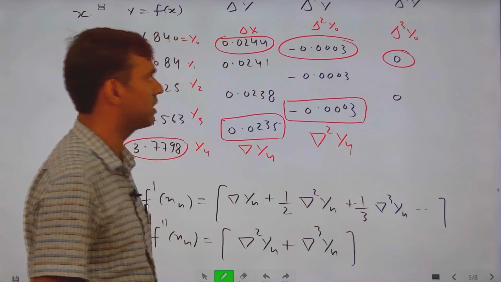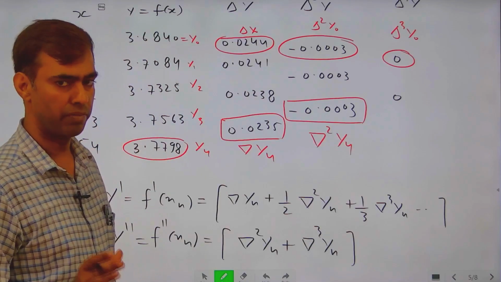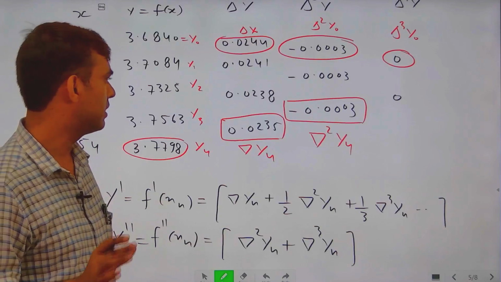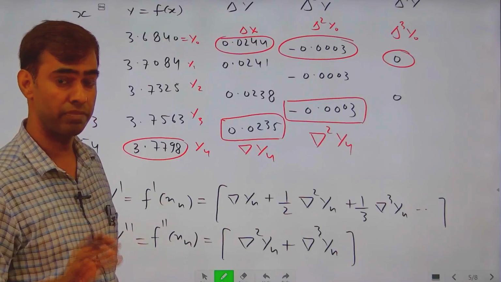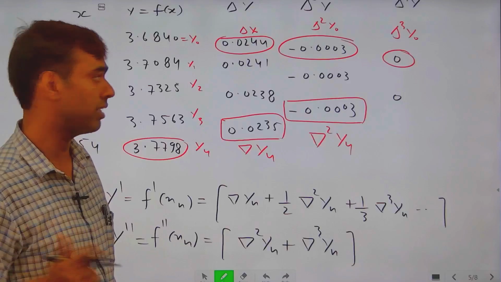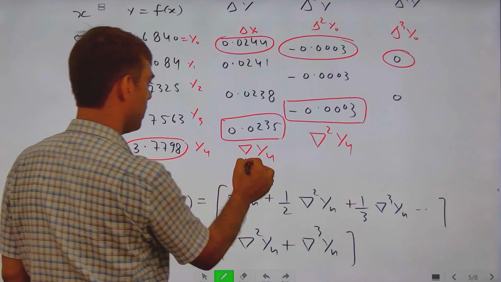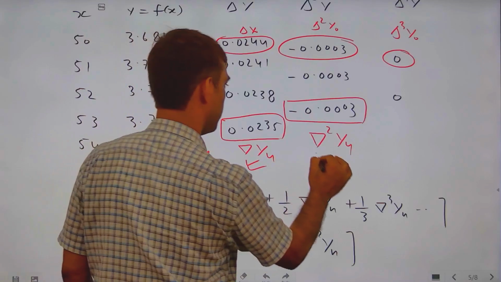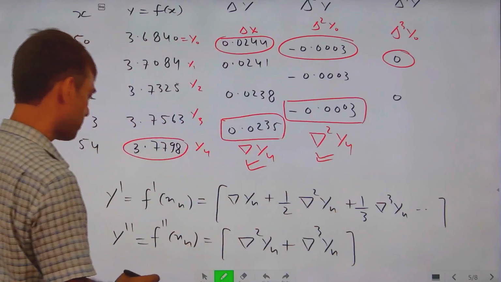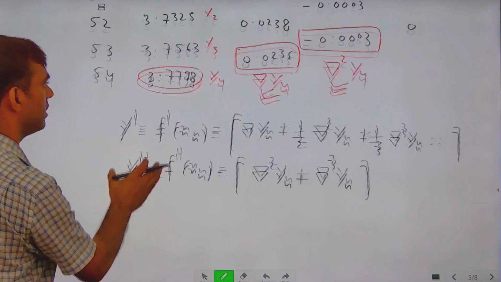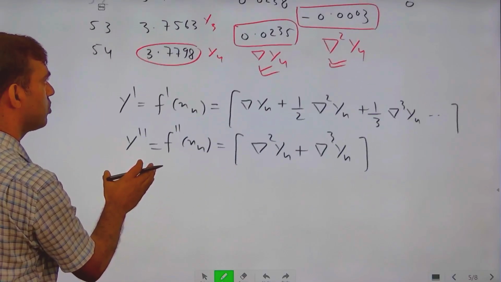The difference table remains unchanged, but the notation changes if we consider it a forward, backward or central difference table. So we are going to use the values of del y4 and del 2 y4 here.